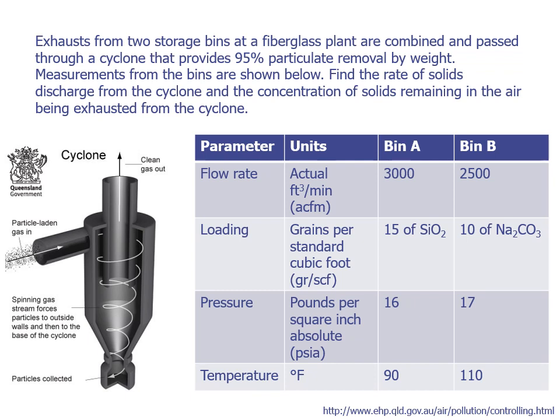Measurements from the bins are shown below. Find the rate of solids discharged from the cyclone and the concentration of solids remaining in the air being exhausted from the cyclone.